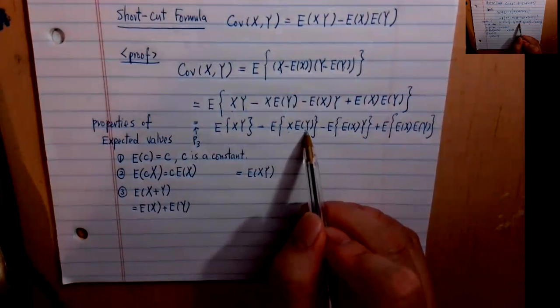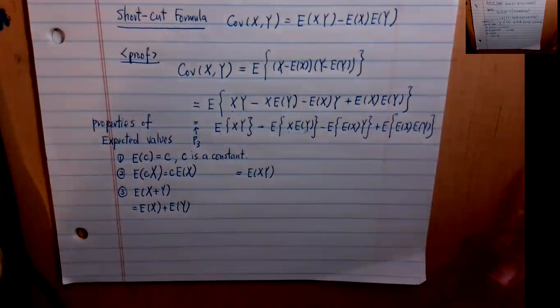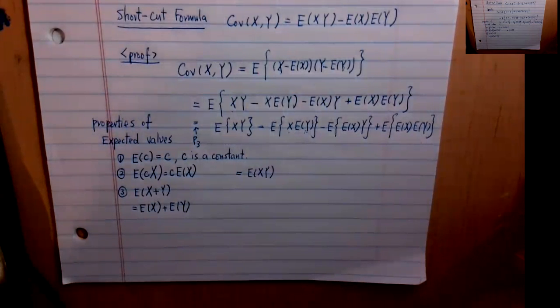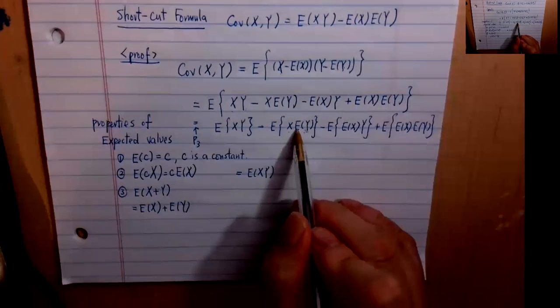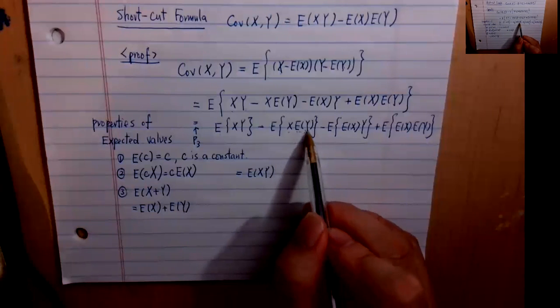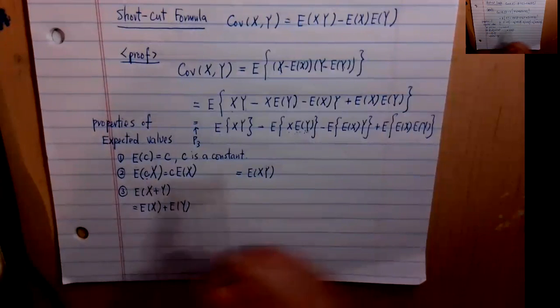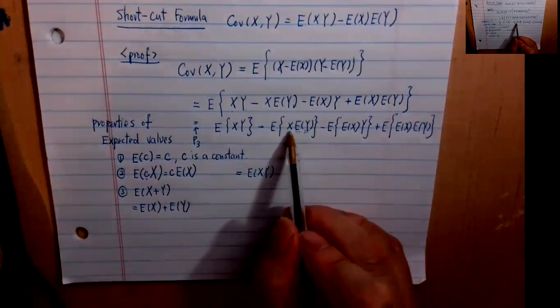EY is the center of the Y distribution, and you have only one center. So EY is just a number. So we treat it as a constant C.